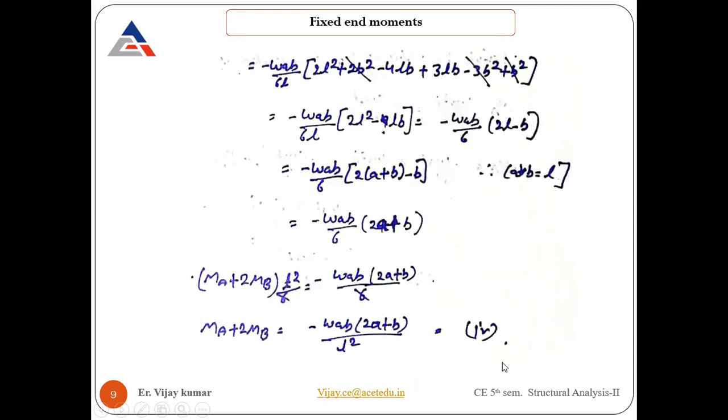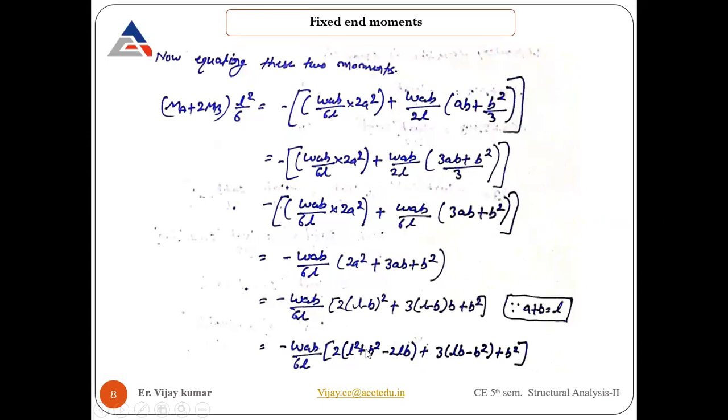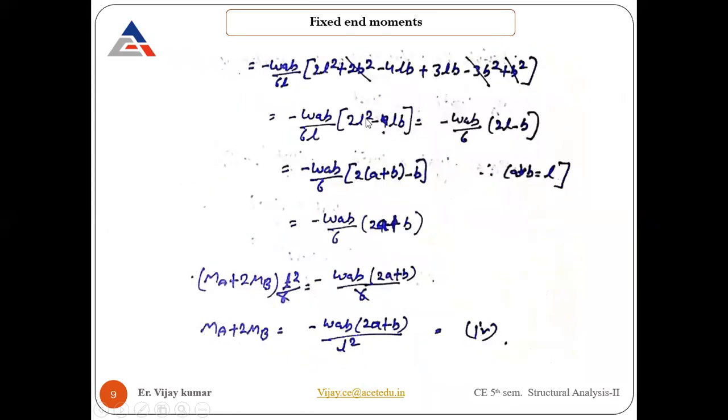Then move further. Maybe some values will cancel out. Minus WAB by 6L, then 2L square inside multiplied: 2L square plus 2B square minus 4LB plus 3LB minus 3B square plus B square. This is the value we just simplified.